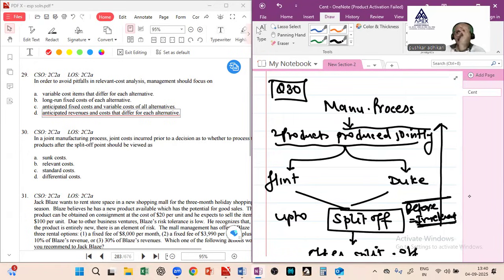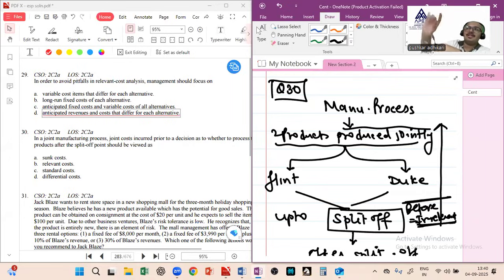The decision here is not whether I should produce. The decision is whether I should, after the production, make some changes in the product and further process it to make a completely new product altogether.